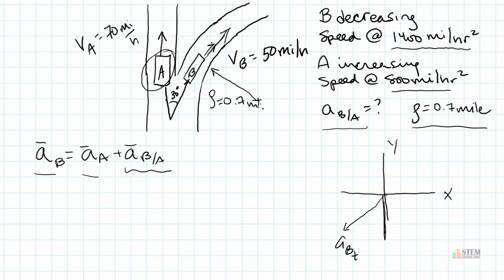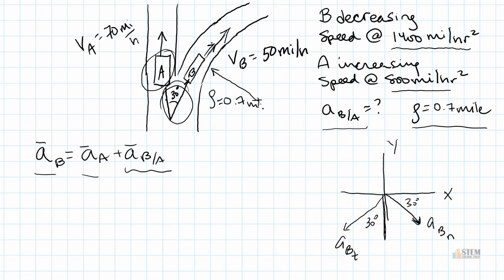So that one is going to be directed in toward the center of curvature, and let's call that a_BN. And then now we need to label our angles. We have this 30-degree angle right here, so that is going to make this 30 and that one 30.